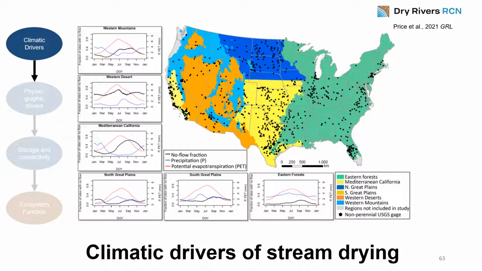And what you can see, down here in the right-hand corner, this is the Eastern Forest one. Not many of those gauges went dry, but when they did go dry, it was mostly at the end of the water year in September and October. To contrast that with perhaps the Mediterranean climate, you see a much larger drying signal here.